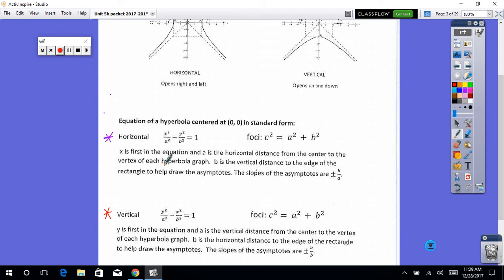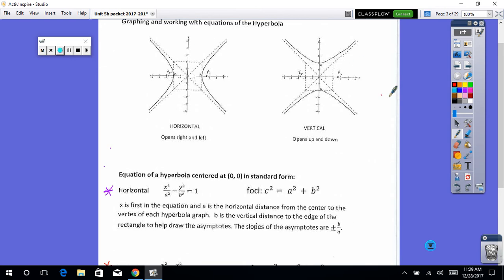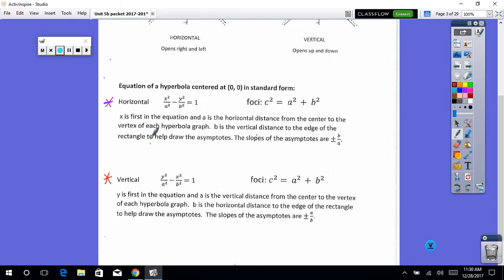Again, let's look at that again. Horizontal hyperbola, the x goes first because it's opening on the x-axis. Vertical hyperbola, the y goes first because it is opening on the y-axis. They still have minuses with them and all that.